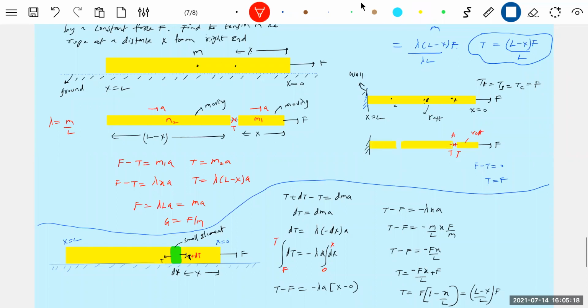Then we'll see. What is the net force on this? It is also at rest. Then the wall reaction also, let's find out. Let's see. What do we get? This is also at rest.